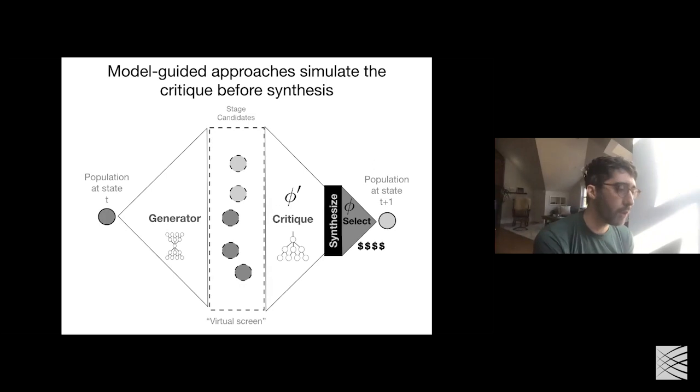And you can do this multiple times before you actually send away sequences for synthesis. You might generate stuff, critique them, update your generator, generate new stuff, critique them, and finally end up passing them on for synthesis. So this is a pattern that you will see a lot in the algorithms that I will mention.